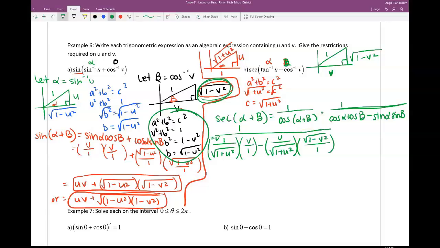Okay, so let's multiply this out. It doesn't look cute, but what choices do I have, right? It's 1 over, here we go. I'm going to multiply these, so let me highlight. 1 times v is just going to be what? v over my denominator of radical 1 plus u squared, minus u times square root of 1 minus v squared.